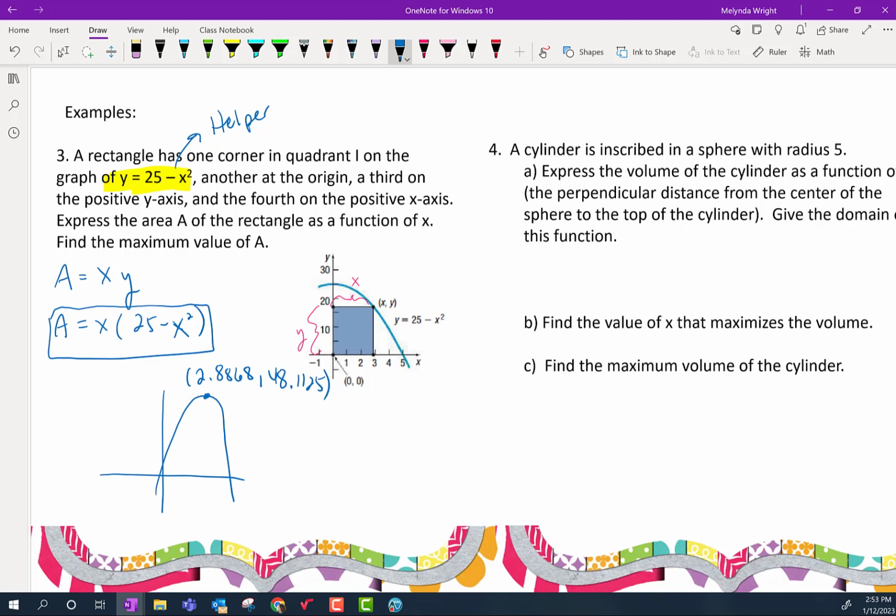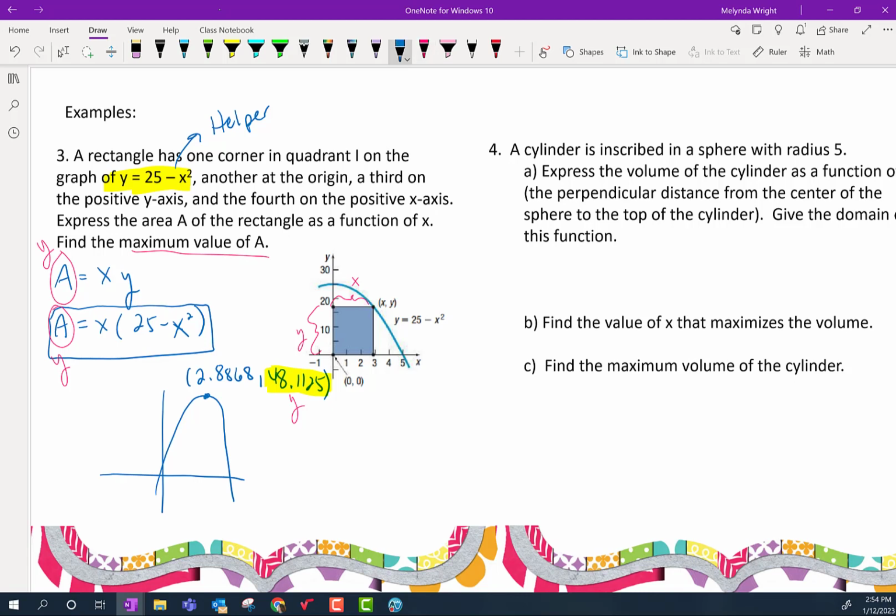I wanted to find the maximum value. The maximum value is the maximum y value. This is my area. So area right here, in my calculator, this is the y value. So that's what we want, that's the maximum area, which is what they want us to find, the maximum value of the area.